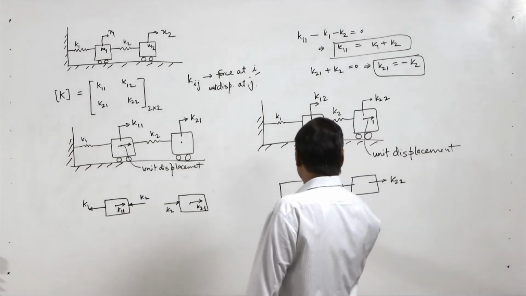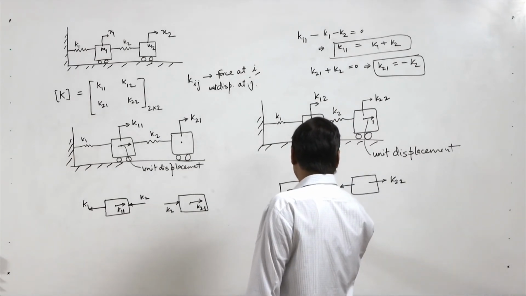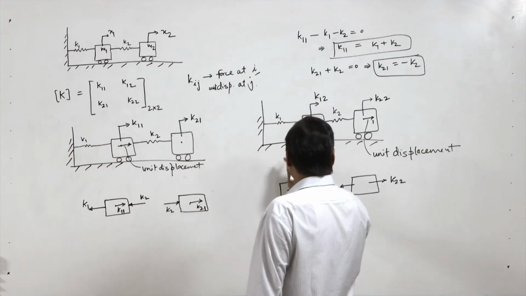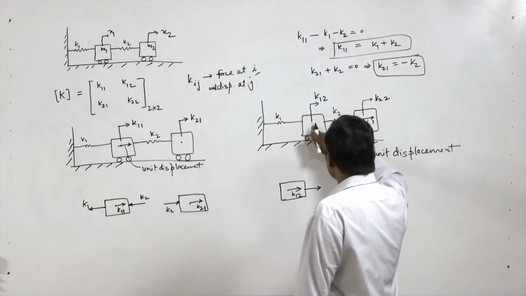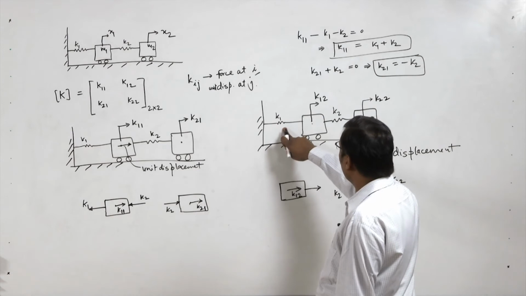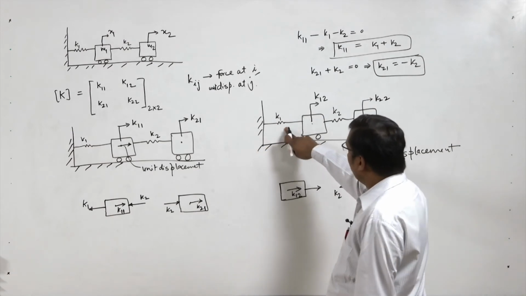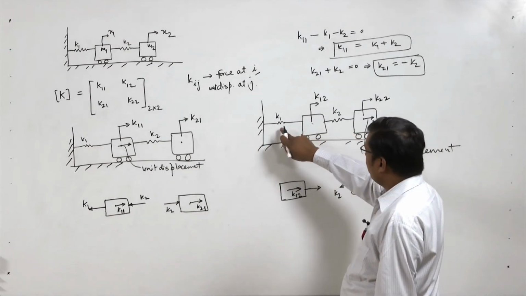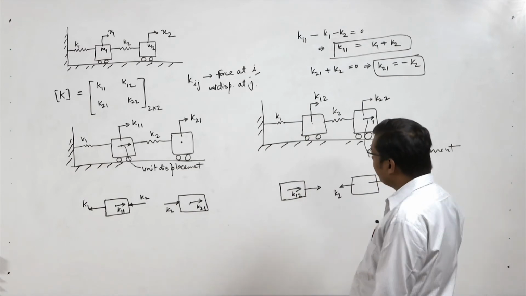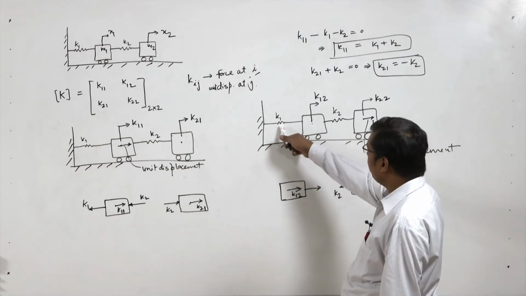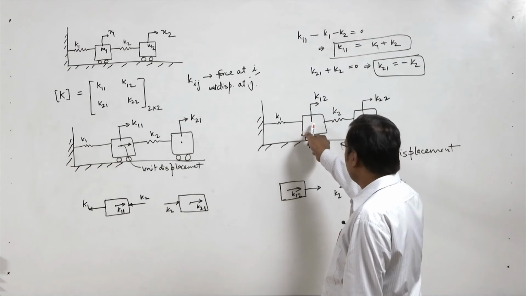Then K12 is another force working on this mass, and this mass is fixed, so there will not be any stretching or compression of this spring K1, and therefore there will not be a spring force by this spring on this mass.